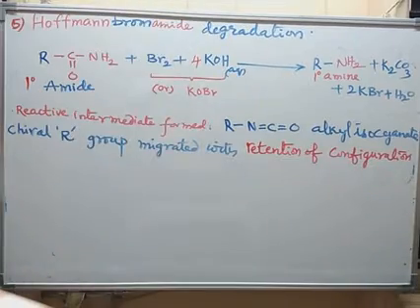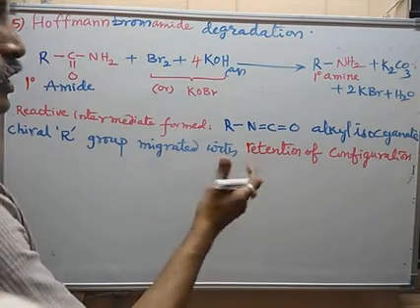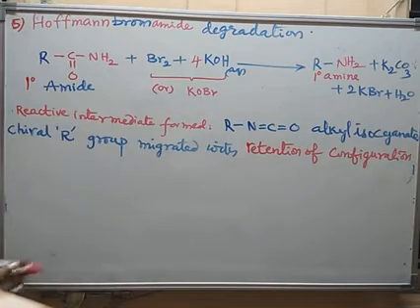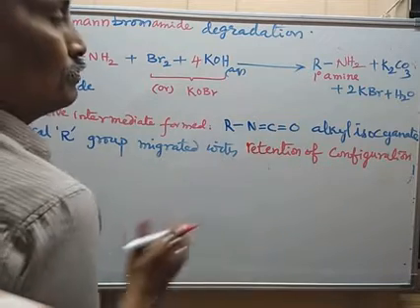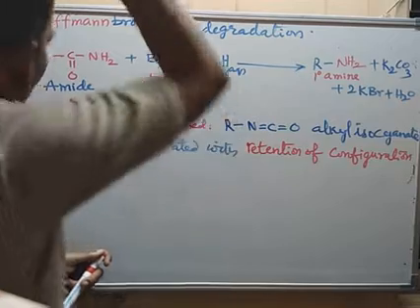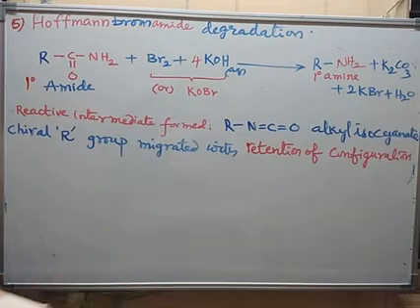There are two types of configuration, that is S and R, RS configuration. Of course, it is not the right time to discuss RS configuration. In one more class, we will discuss that area. Observe isotopic studies. Before that, these two points are sufficient for a competitive examination.